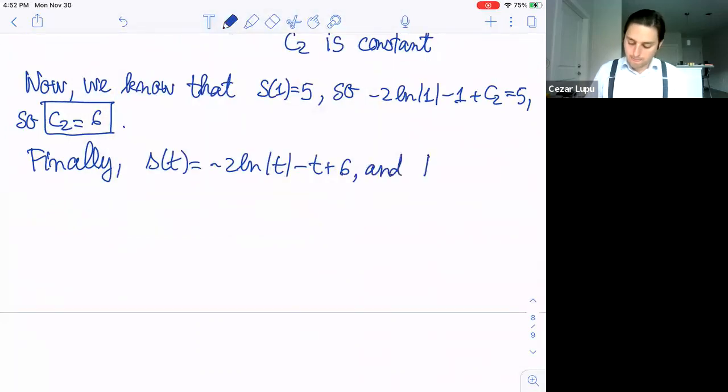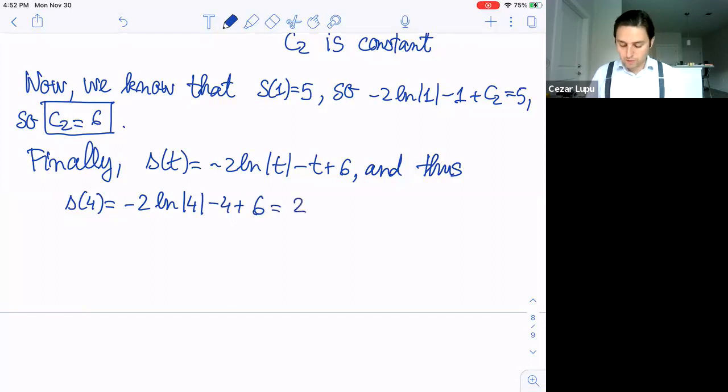Thus s of 4 is nothing else than negative 2 ln of 4 in absolute value minus 4 plus 6. And this will be 2 times 1 minus ln of 4 in absolute value. Anyway, you can play around with this if you want, but that's not the purpose of this problem. So that's the end of it.